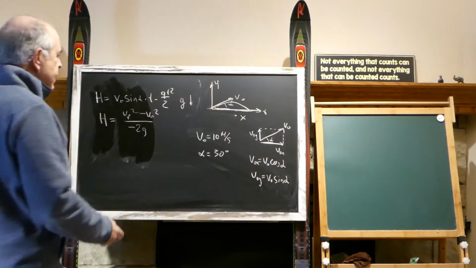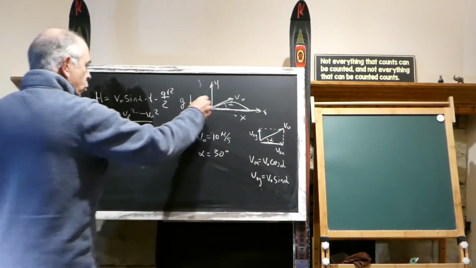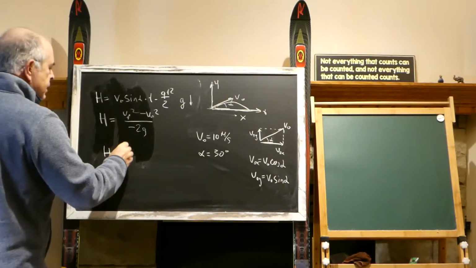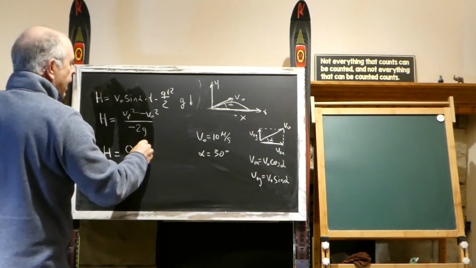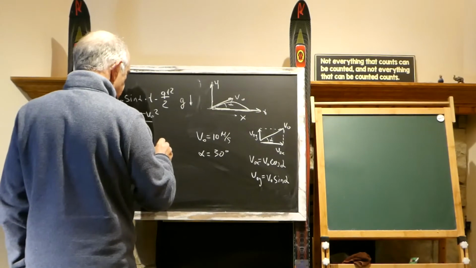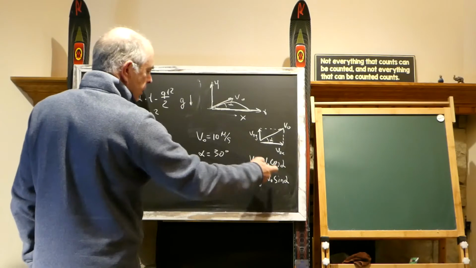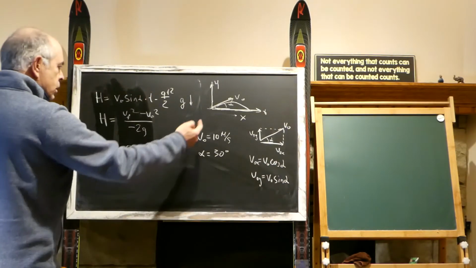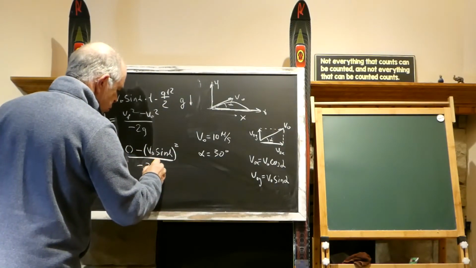This formula is easier because they give us initial speed. So when the body reaches the highest point, h, the speed in this direction is 0 minus the initial speed in this direction, which was v0 sine alpha. And all of this has to be squared. And of course, don't forget, minus 2g.